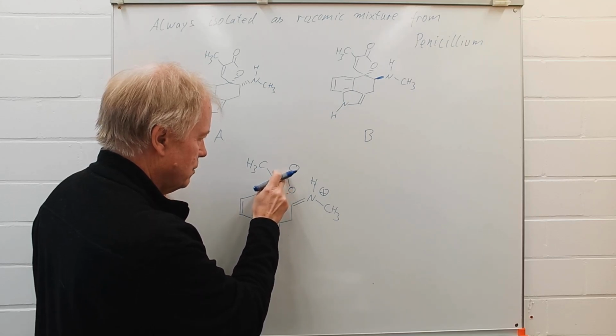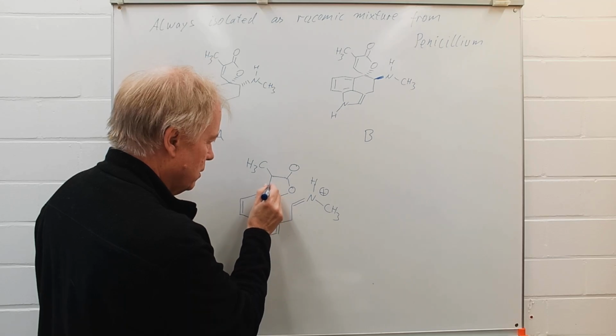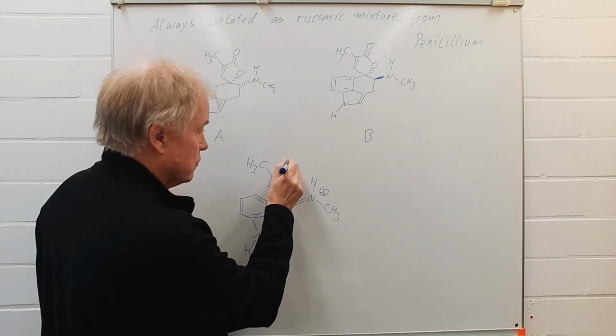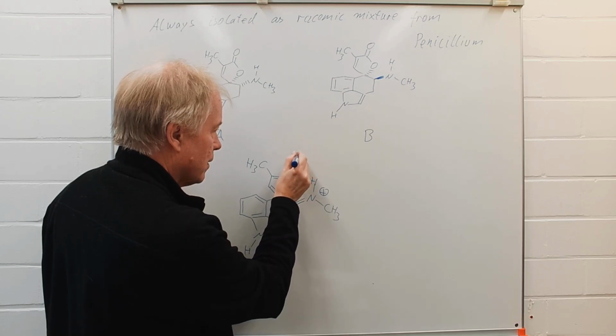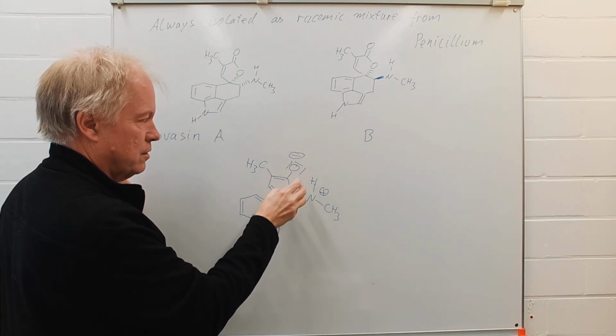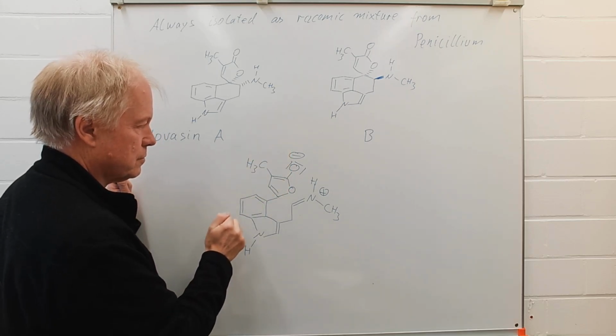And let's simply draw the most stable resonance structure. It's this one, with the negative charge at the oxygen.